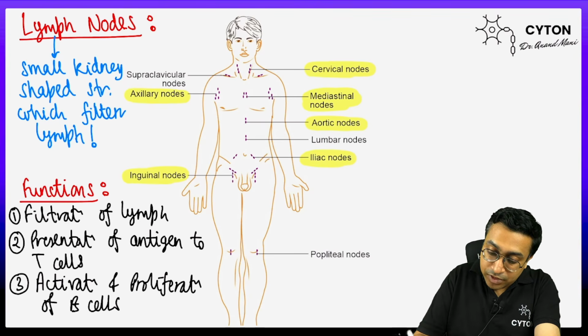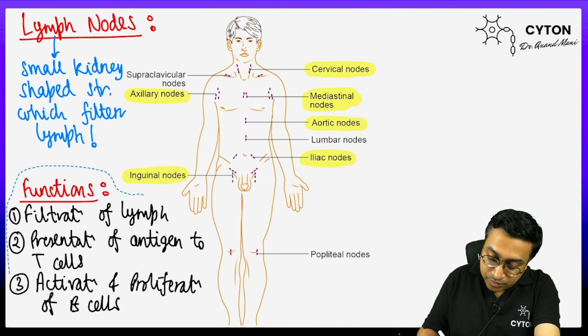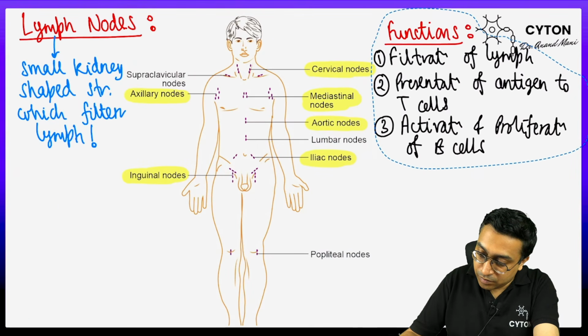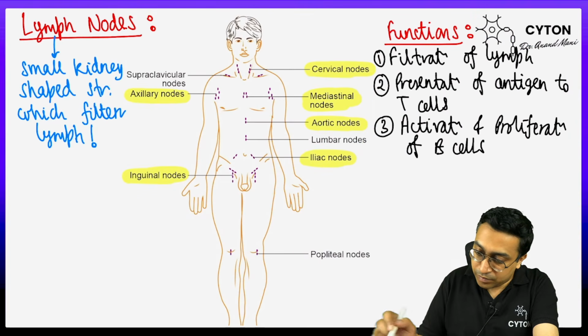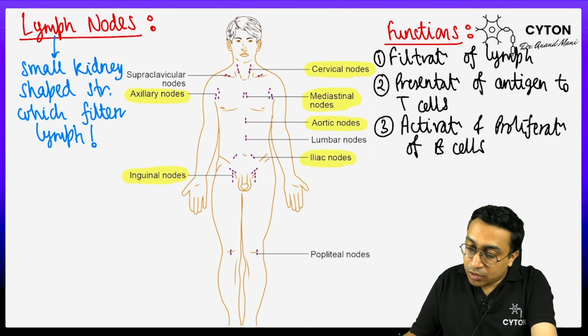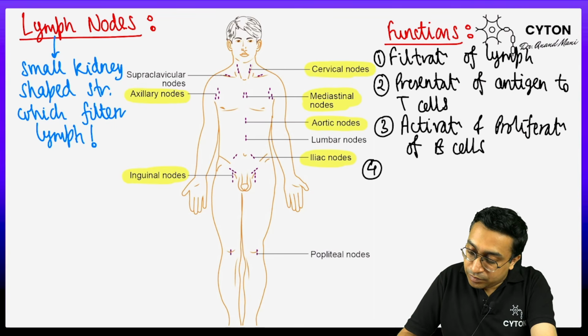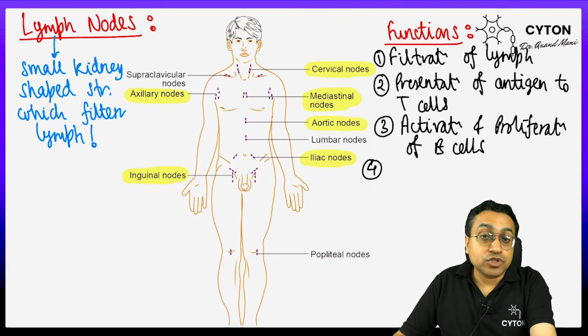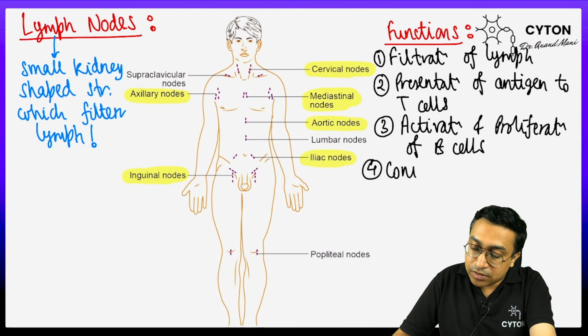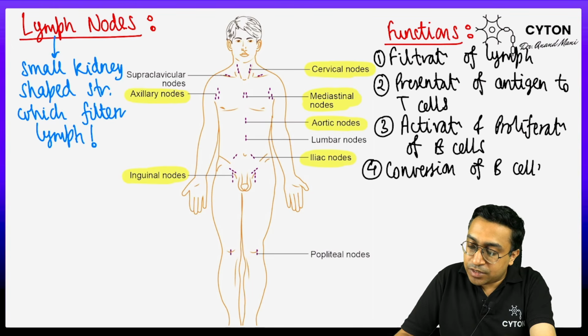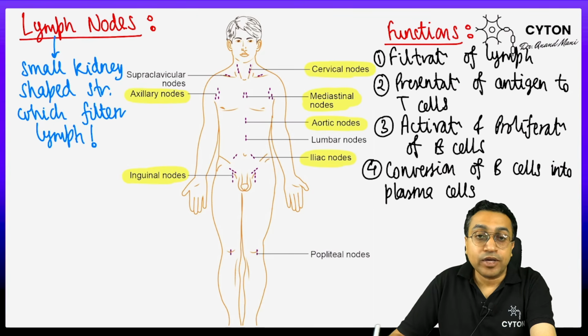Number 4, that is the conversion of B cells into plasma cells, and production of the antibodies.